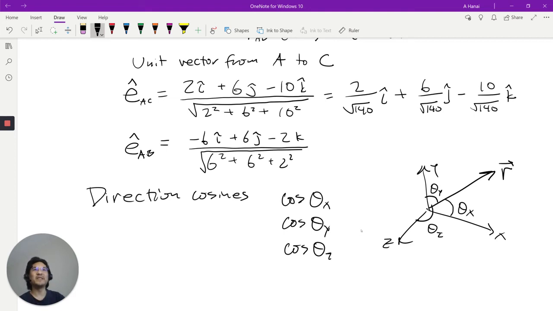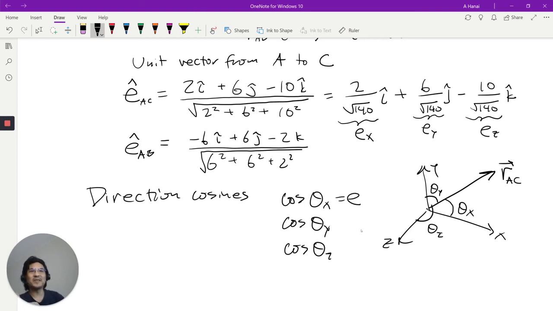By definition, they're just the components of the unit vector. Let's say this is from A to C. This is the x component of the unit vector, the y component, and the z component.